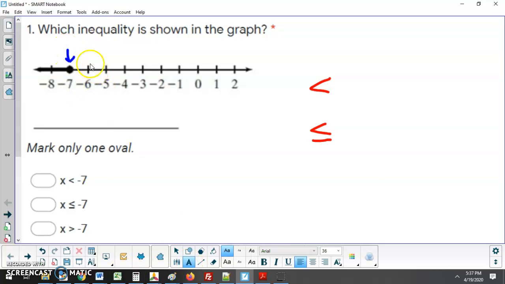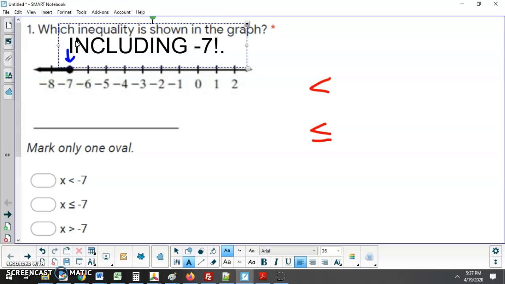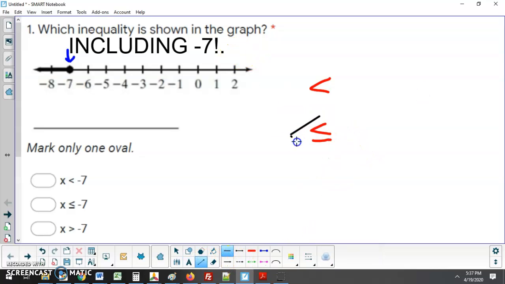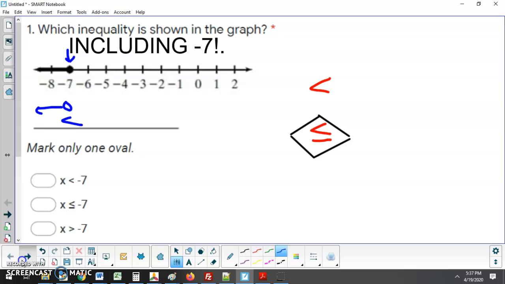If it's shaded in, it means it's including -7. So it is less than or equal to -7. If it's not shaded in and it looks like a hole there, and it's pointing this way, this is just a less than problem. So that's about it for that one.